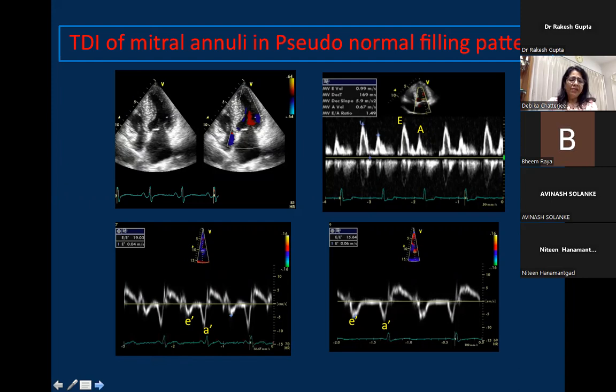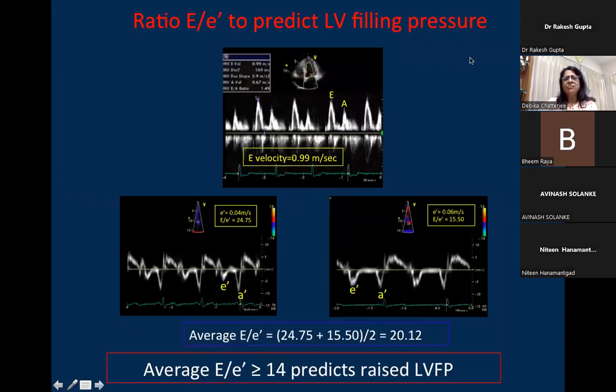Now, when I talk about tissue Doppler imaging, I must mention a ratio called E by E prime. This particular ratio can predict the LV filling pressure. How? You see, here is the E wave of that patient. E wave velocity is 0.99 meter per second.